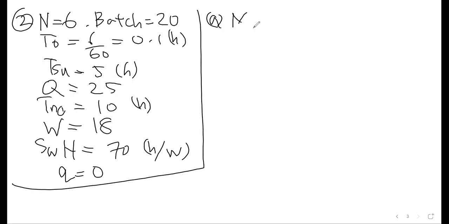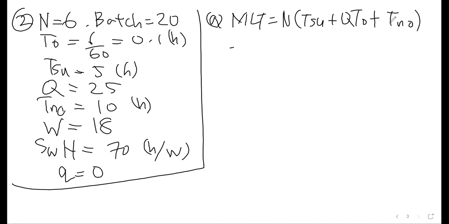MLT equals N times (TSU plus Q multiplied by T operation plus T non-operation). Just put all the numbers from the data here.